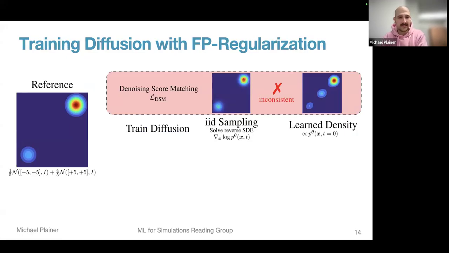Okay, so this is the same figure as before. We saw that with normal denoising score matching, we get a non-consistent model, so not a proper energy-based model. So basically we get two different probability densities, or energies in this case, where one time in sampling works perfect, whereas here we don't really learn to recover the density.